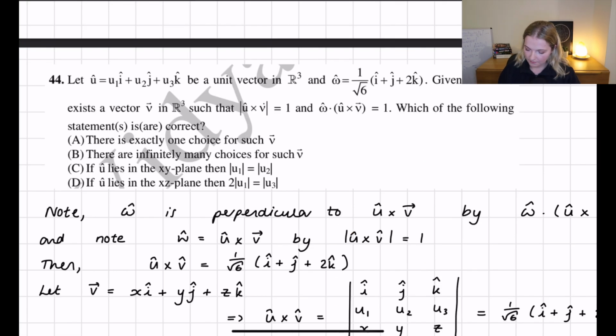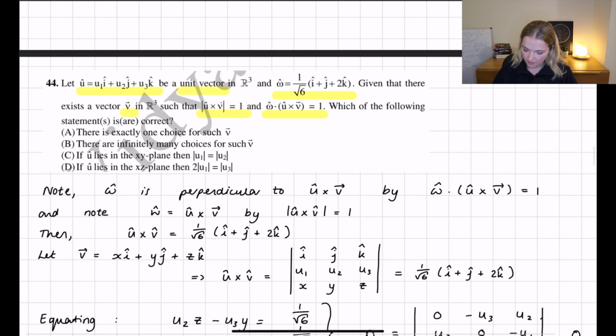So we have this unit vector here. We're told it's a unit vector, and we have this equation for omega hat. It says given that there exists a vector v such that the modulus of u cross v equals 1, which of the following statements are correct?